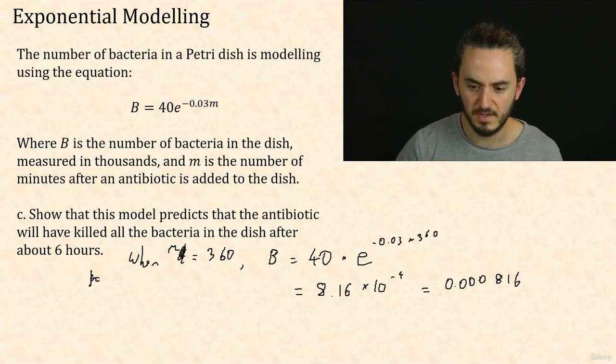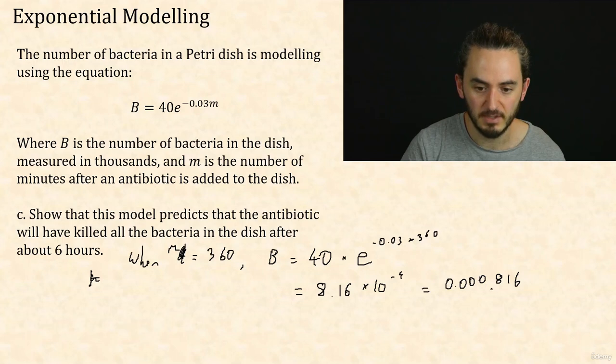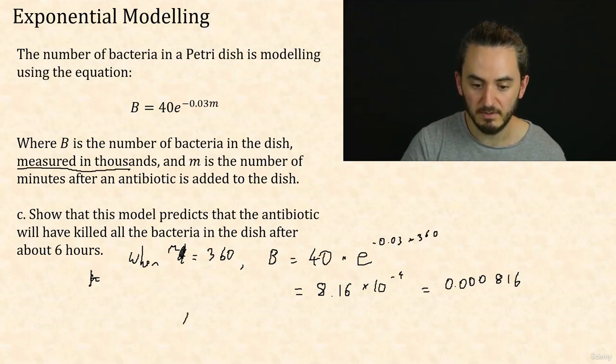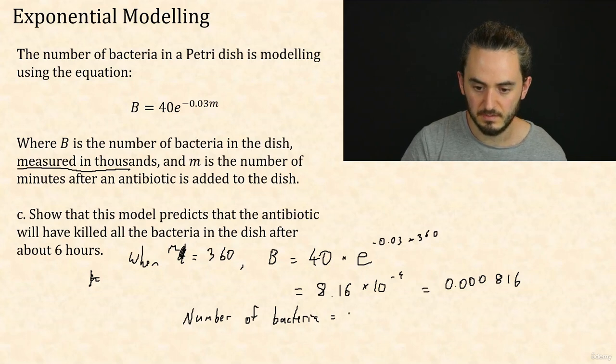So that's a little bit weird, right? Because that suggests there are effectively no bacteria, but it's a very small number. But let's not forget that the number of bacteria is being measured in thousands. So B is measured in thousands. So really, the number of bacteria is this number times 1,000.